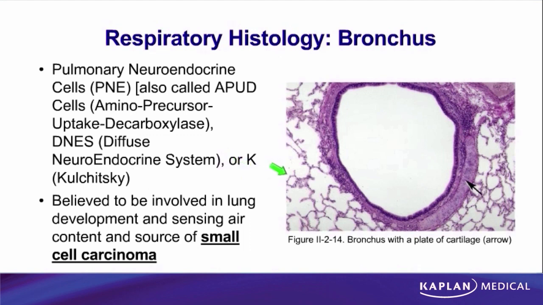Moving down the airway to a bronchus, one of the things we see that's different is instead of seeing a C-shaped continuous cartilaginous ring, we see discontinuous cartilage. So here's a plate of cartilage here, there's a plate of cartilage there, but there's no cartilage there, there's no cartilage there. Okay. We still have the same respiratory epithelium lining the lumen, pseudostratified columnar epithelium, that hasn't changed.